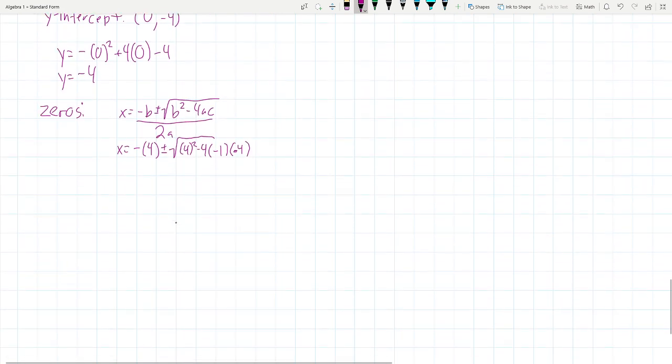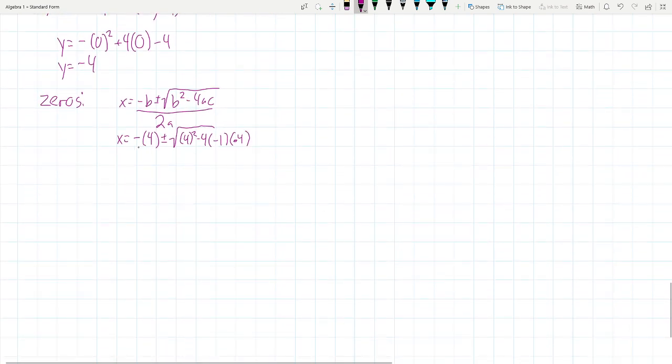All over 2 times negative 1. So I get x equals negative 4 plus or minus the square root. 4 squared is 16. Negative 4 times negative 1 is positive 4. Positive 4 times negative 4 is negative 16, all divided by negative 2.